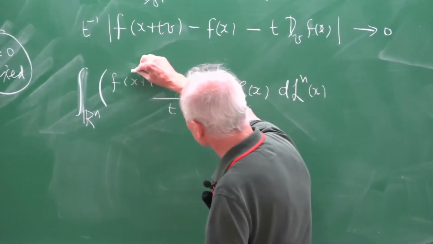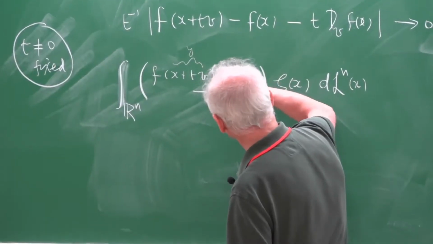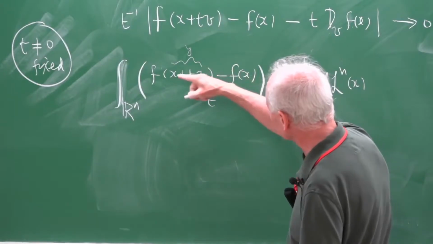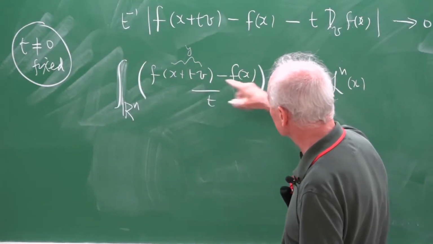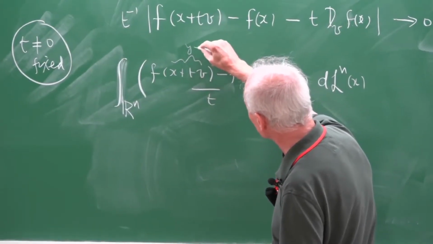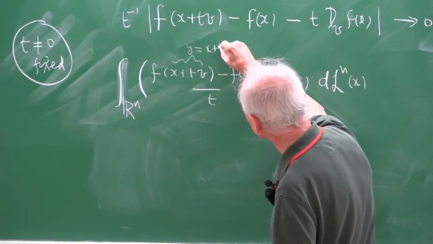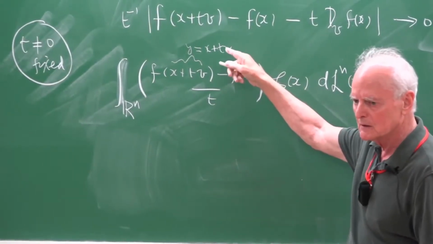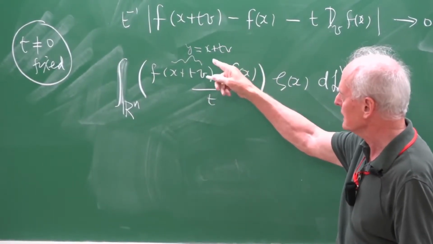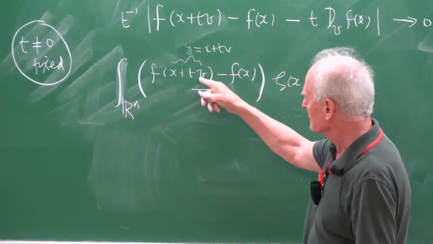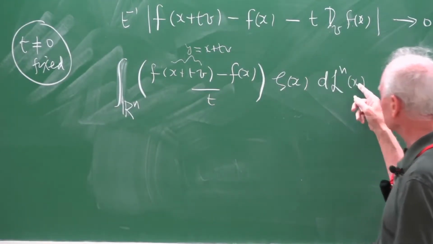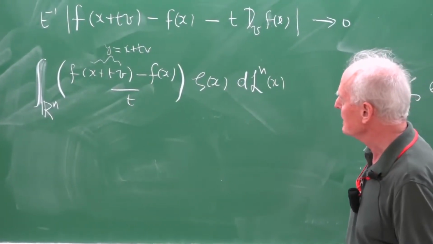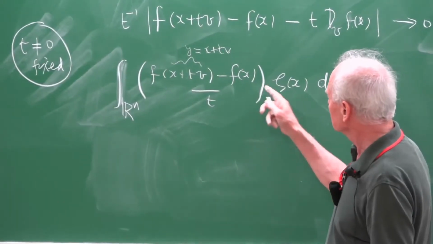I'll leave the zeta part fixed, but I want to change the variable in this part. So I'm going to make a new variable y equals x plus tv. Now notice that's just a translation because t is fixed, right? So this is just a translation of the x variable. So this becomes f(y), and dx becomes dy, of course, because it's just a translation. Doesn't change the measure. And now we've got to be careful.